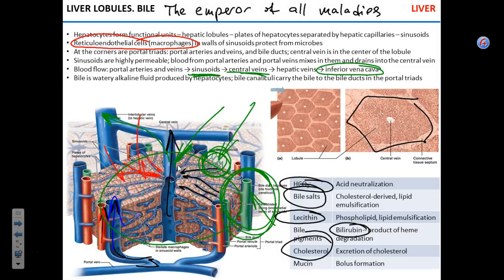Adrenal glands and, like the lowest, yes, gonads, testes in male, ovaries in female.